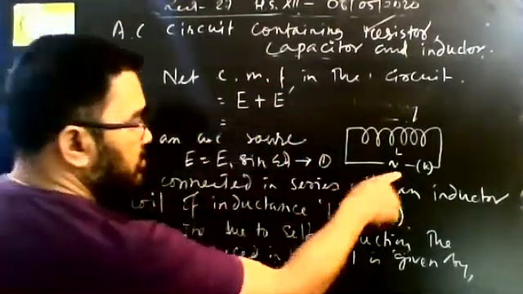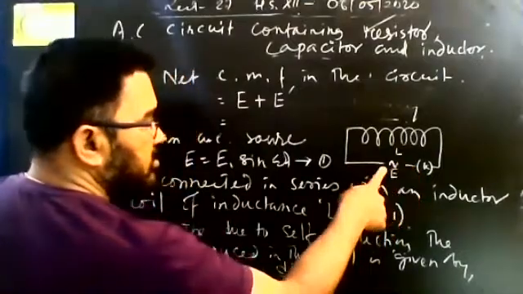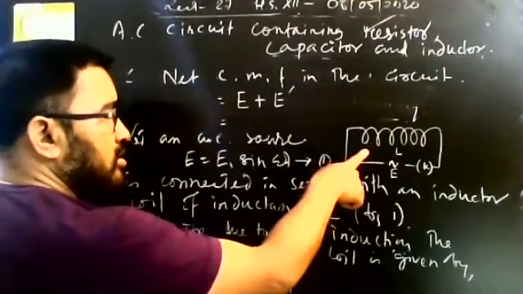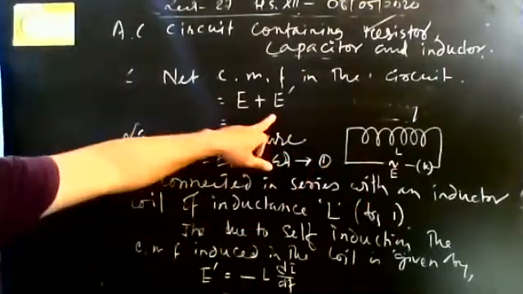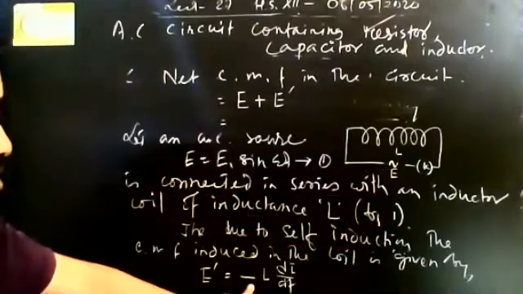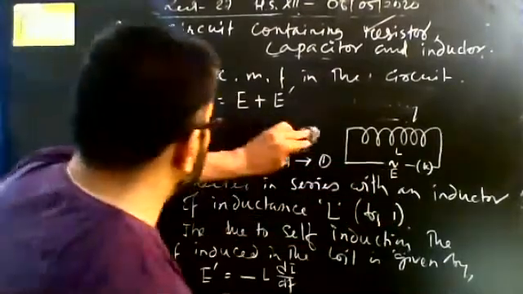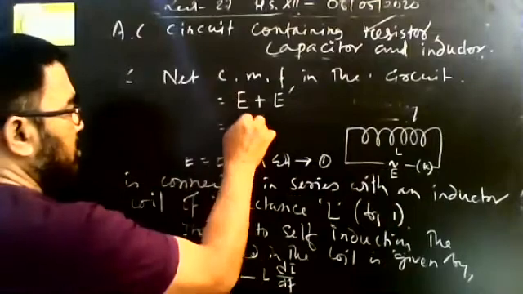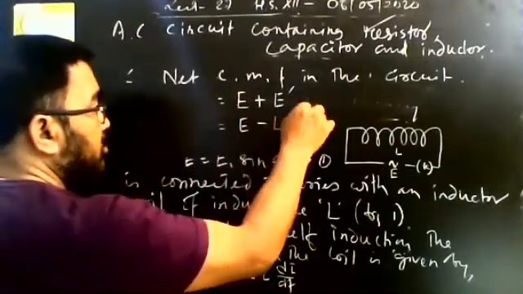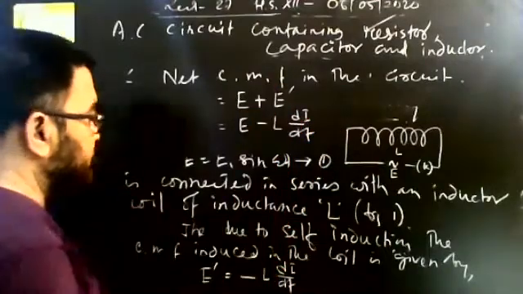E is the EMF connected here. This is the source, and E dash is the EMF induced in the coil. As you know, this EMF always opposes the source. So the negative sign is there. So the net EMF is E minus L di by dt.